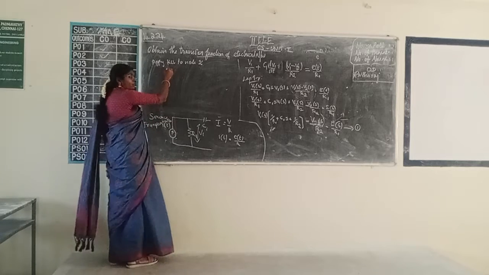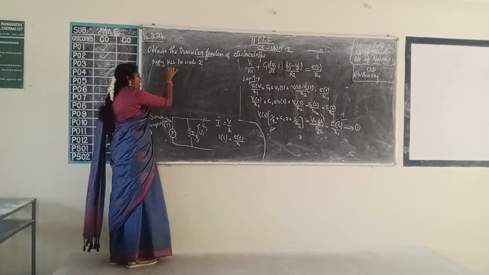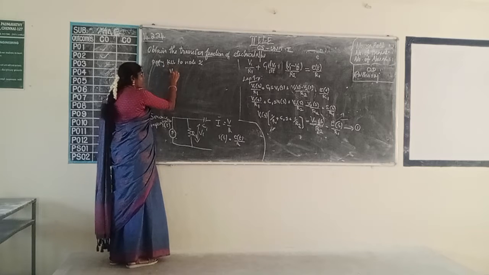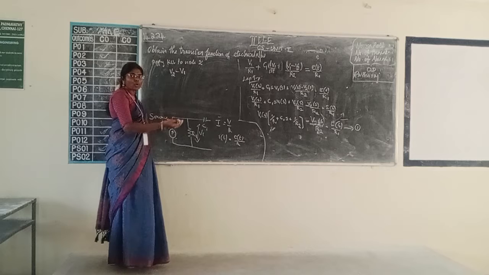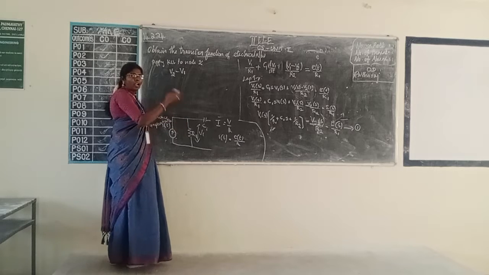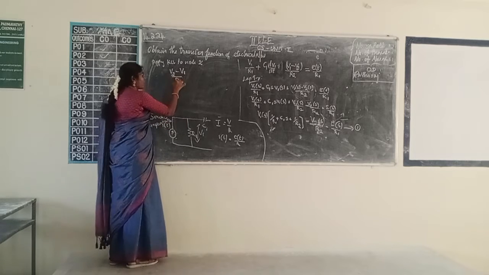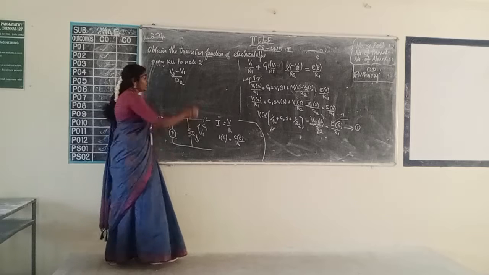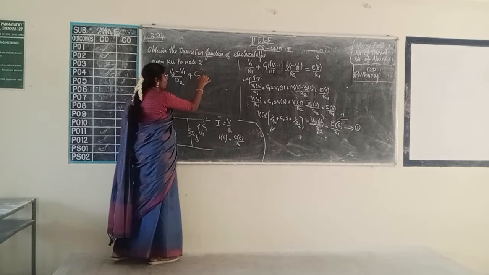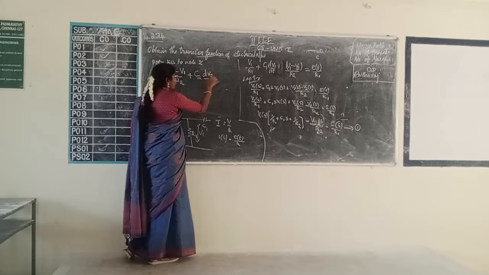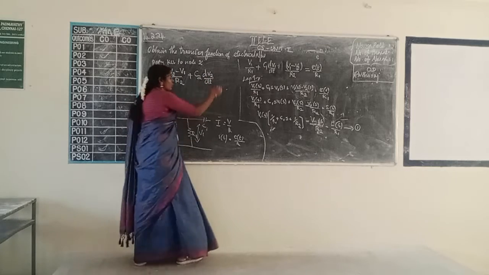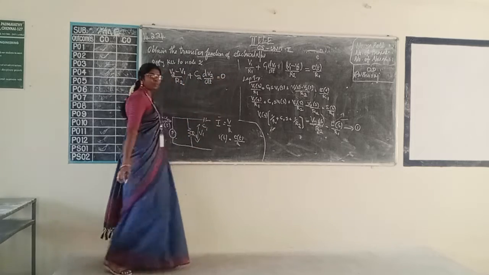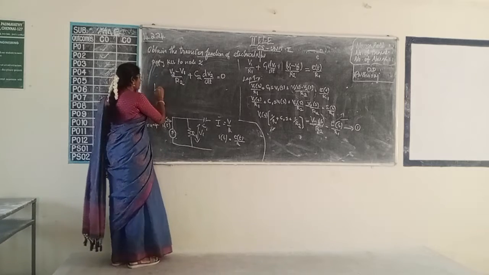Okay, so what we have to do? Let us take V1 for R2. It is V2 minus V1, since it is node 2, we will have V2 minus V1 divided by R2 plus C2 dV2 by dt is equal to 0.